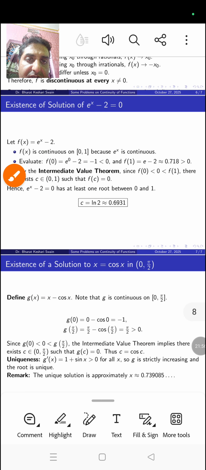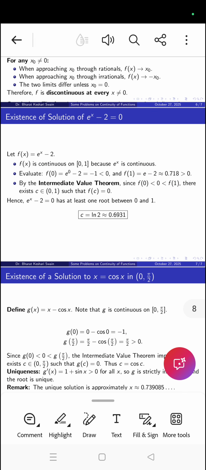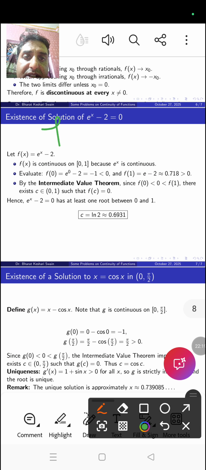Now, by applying this theorem, we can find the solution. First we have to check that it is a continuous function. If it is continuous, then the intermediate value theorem holds. So the function must first be continuous. The function is e to the power x minus 2.